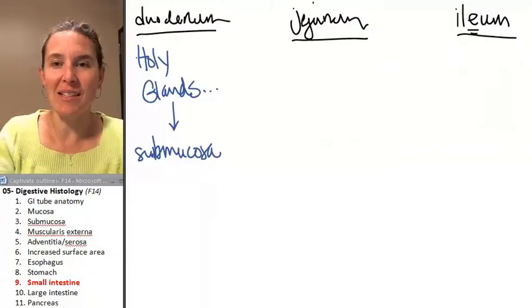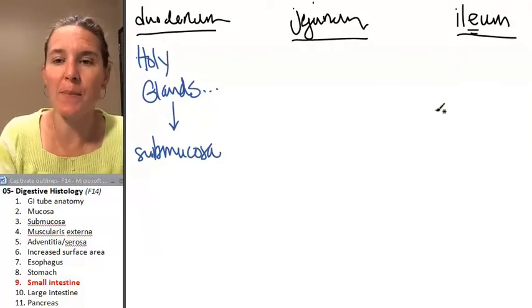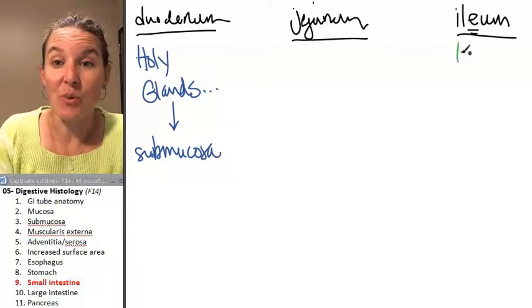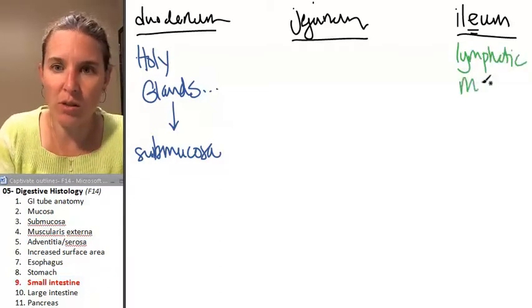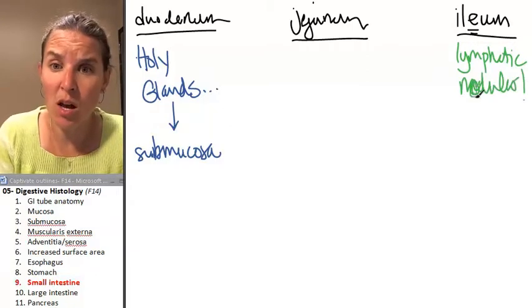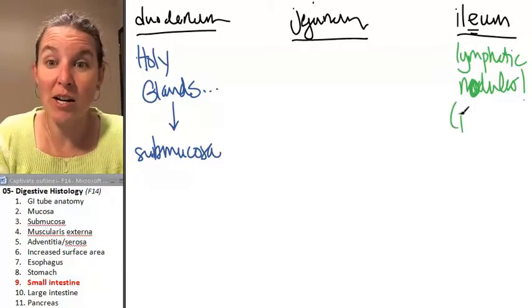Let's do the ileum next because the ileum has one that is really, really obvious. Lymphatic nodules, holy lymphatic nodules. Not modules, nodules. And those lymphatic nodules are called Peyer's patches.